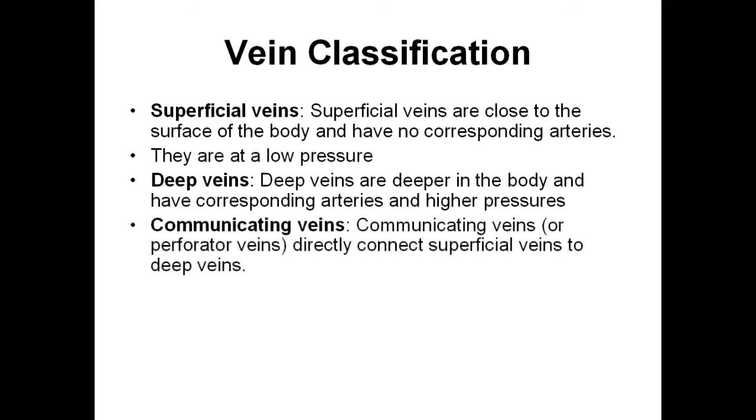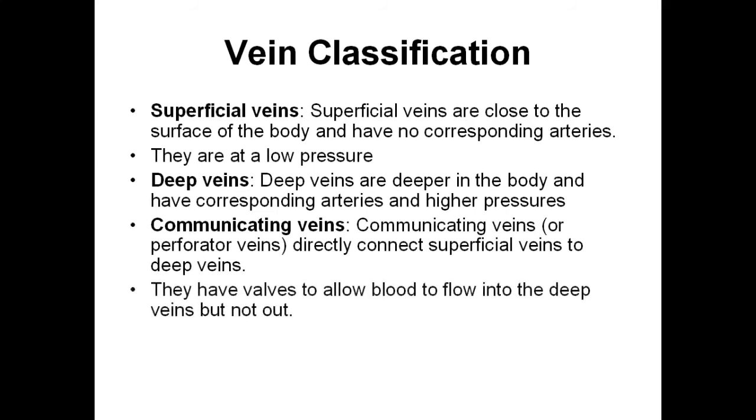And there will be communicating veins between the two, but these communicating veins will have valves. They have valves to stop blood flowing from the high pressure veins deep inside to the superficial veins on the surface. And blood can flow from the superficial veins into the deep veins, but not vice versa.